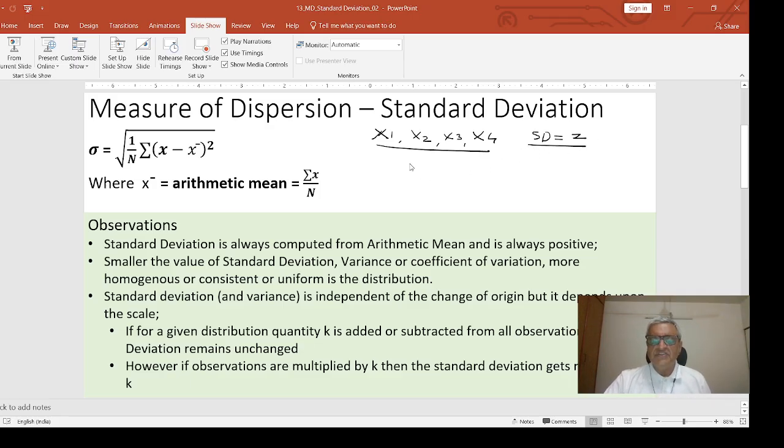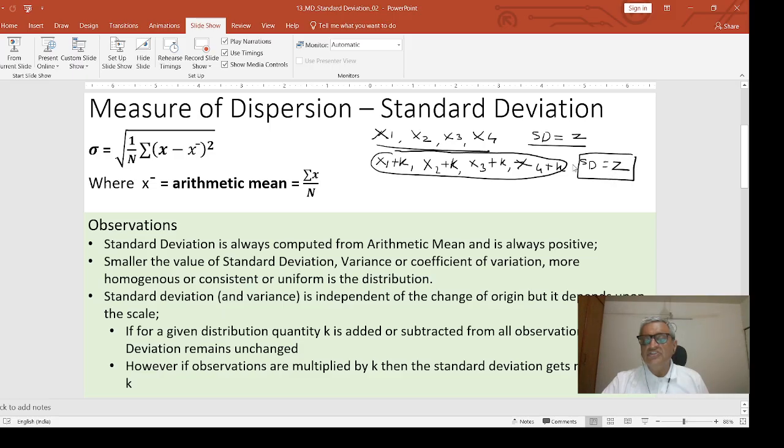So this is the standard deviation. Now, if you add k quantity to each observation, I repeat, if you add k quantity to each observation, x1 plus k up to x4 plus k, then the standard deviation for this new series will also be z. It will not change.